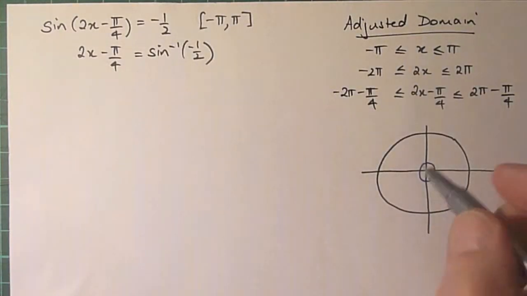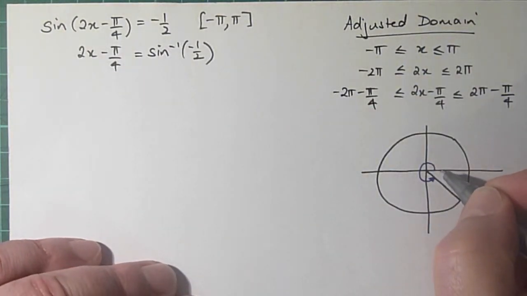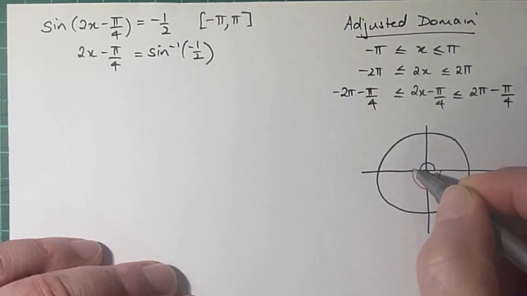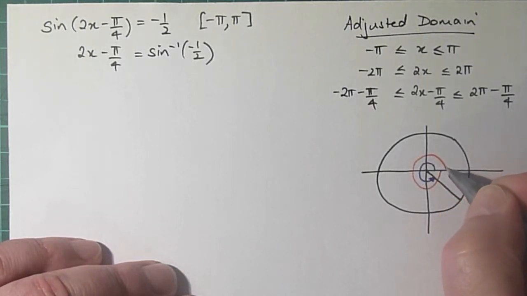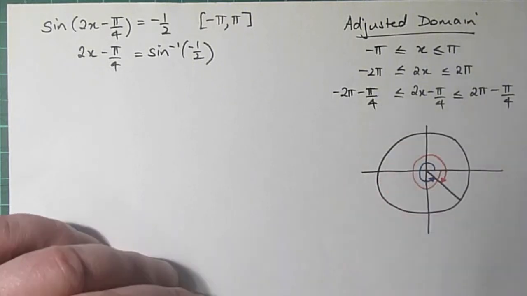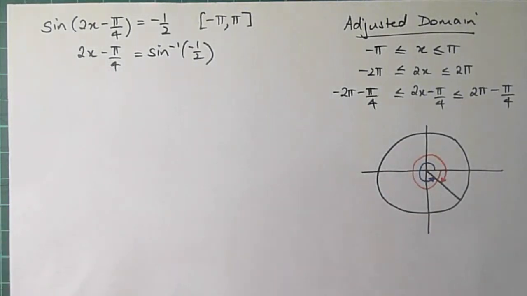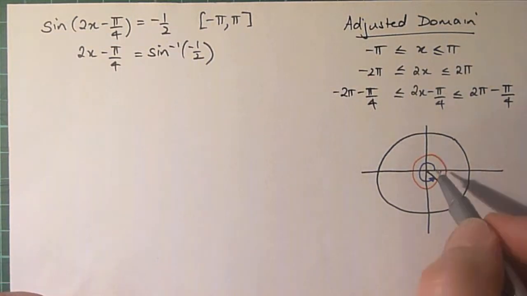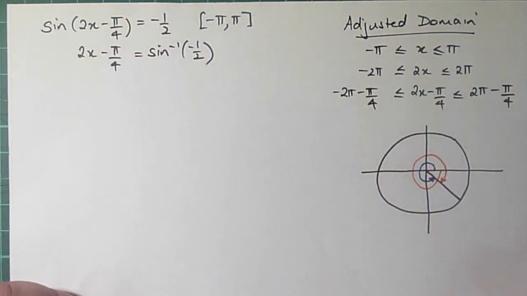In the other direction, we're going around to minus 2 pi, and then going another pi on 4 there. So there's two directions we're going, the clockwise or negative direction, and the anti-clockwise, positive direction. Those red and blue lines represent our domain.